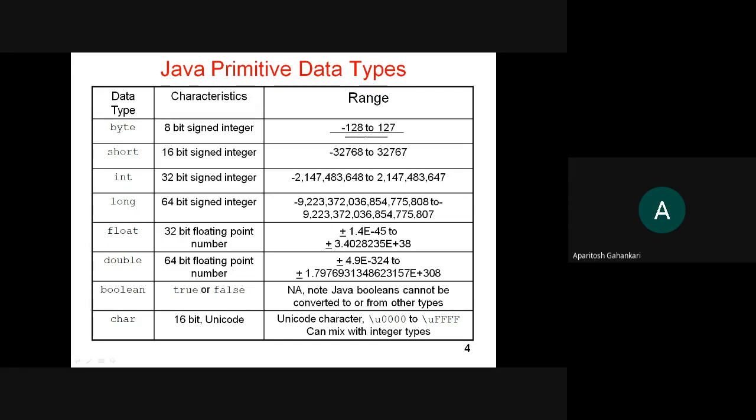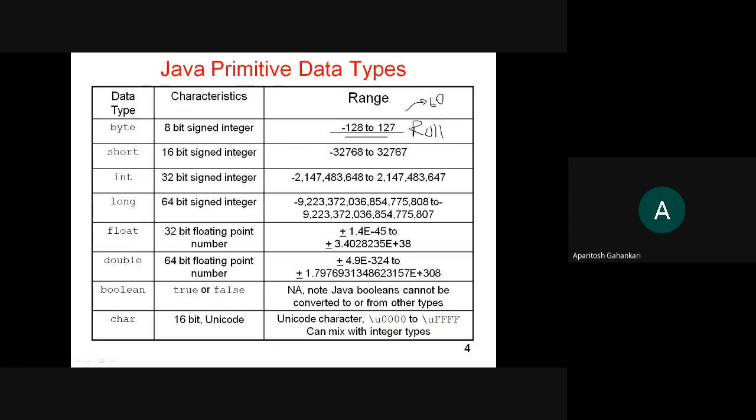For example, if you want to store a roll number, generally the roll number would not go beyond a limit of 60. So this is a good data type to use.